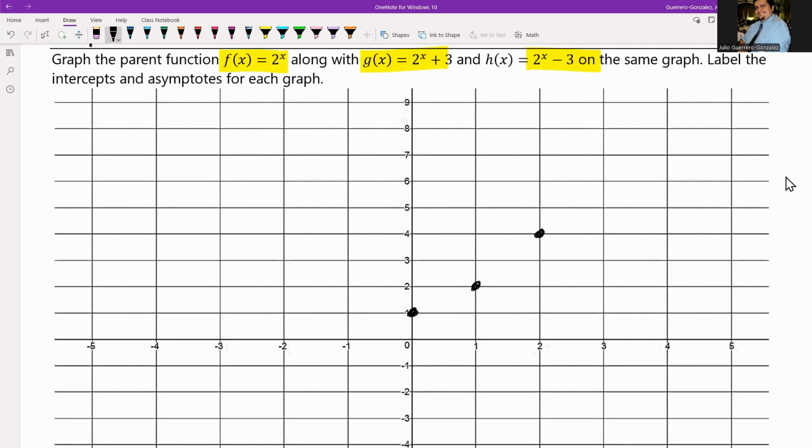And this is going to be the next one. Actually, I should color them in blue instead. There we go. These are the points for the regular old vanilla 2 to the x without any transformations at all. Got it?